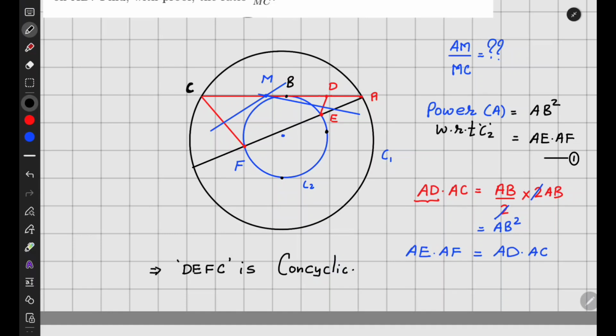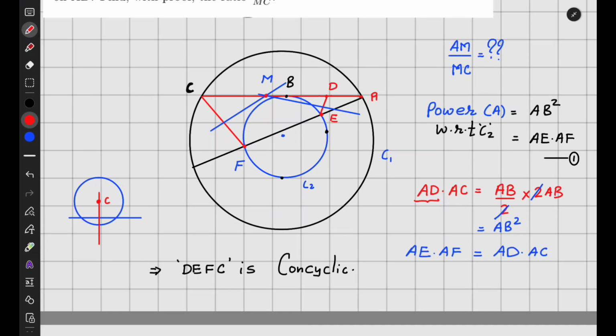And if it is concyclic, we know that the perpendicular bisector of any chord will pass through the center, right? And what is happening here is that the perpendicular bisectors of CF and DE intersect each other at M. What does it mean? It means M is the center, because it is common to both perpendicular bisectors.